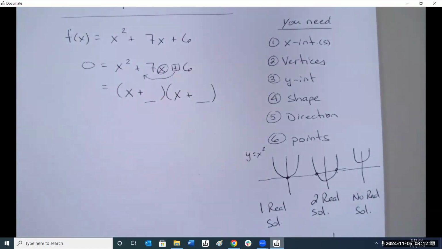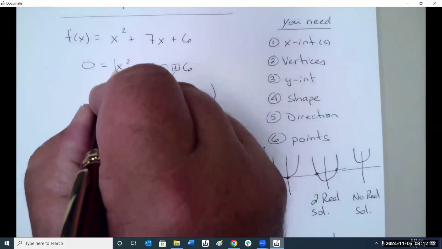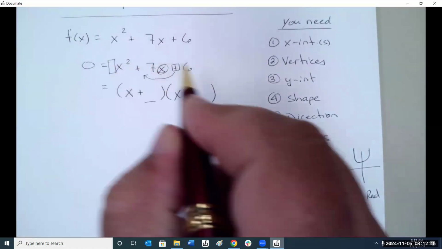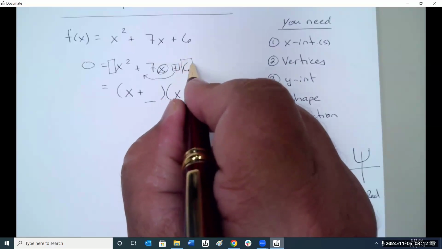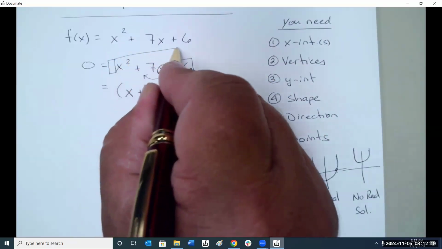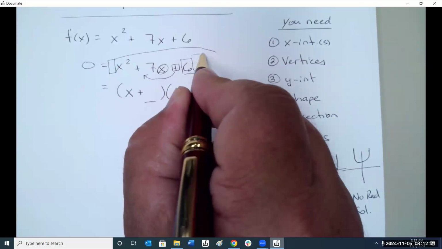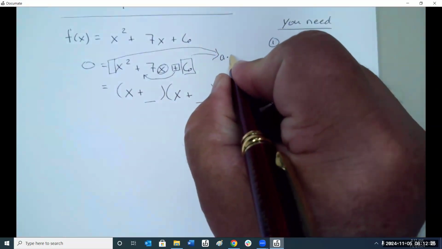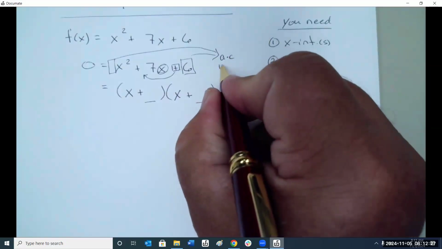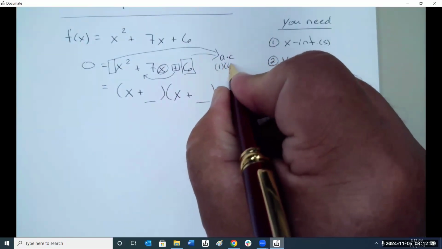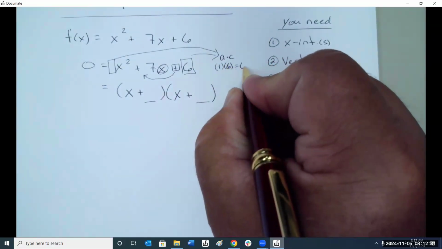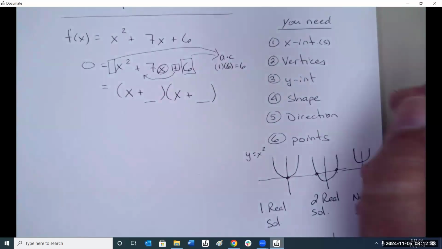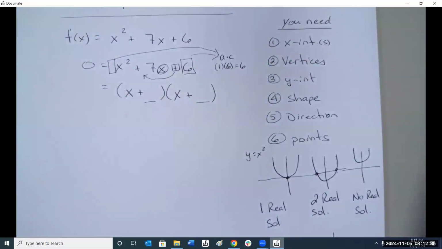The way we find those numbers is you multiply the first coefficient times the constant. So it's a times c. In this case, it's 1 times 6 equals 6. That's our target number.